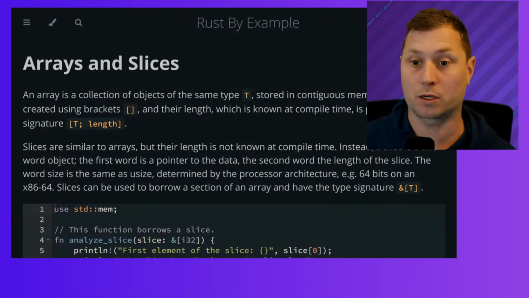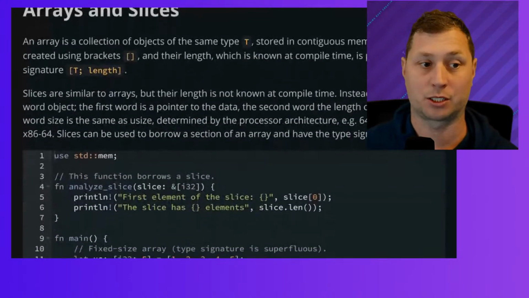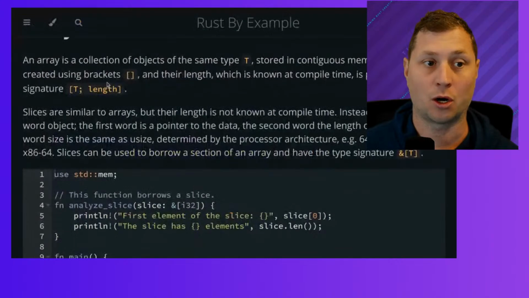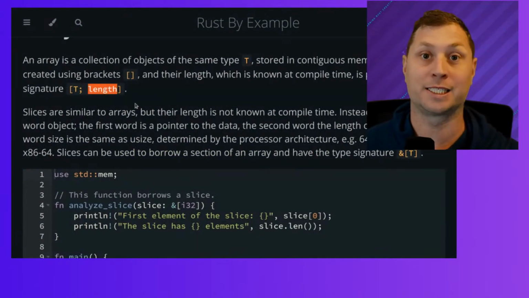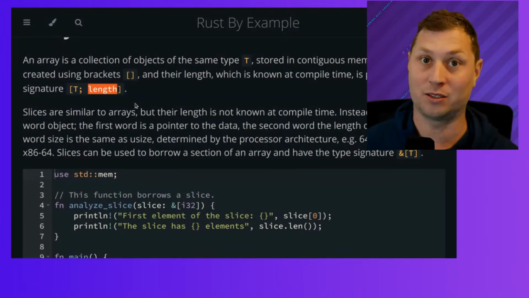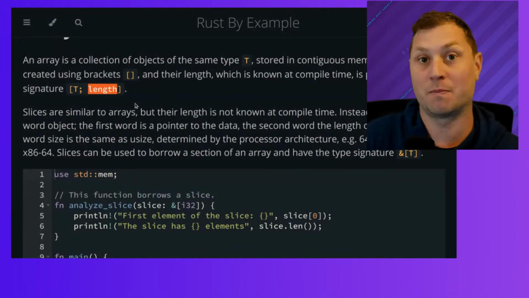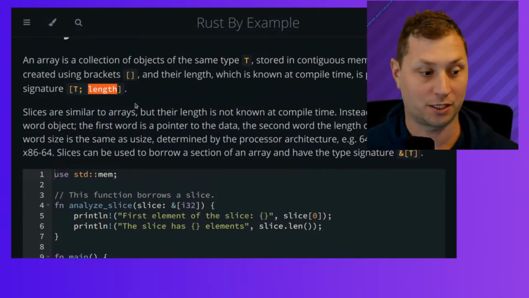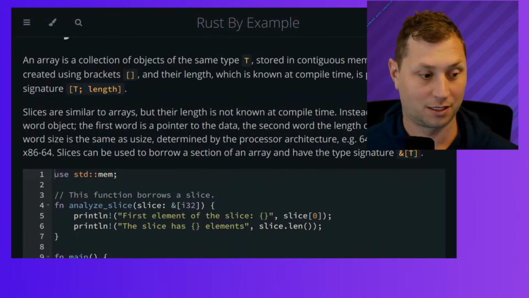That's how they work. And it's part of their type signature: T and length. That is, the length is actually encoded in the type. It actually disappears in the final binary because it's used by the compiler, but it isn't required in the binary itself.